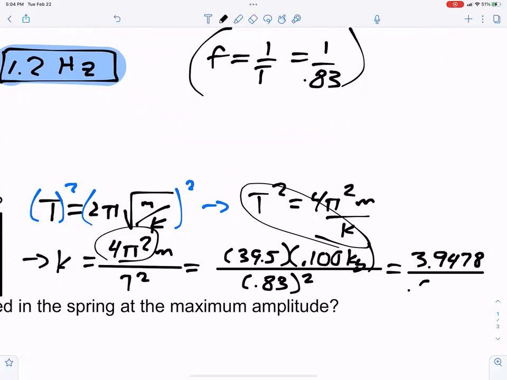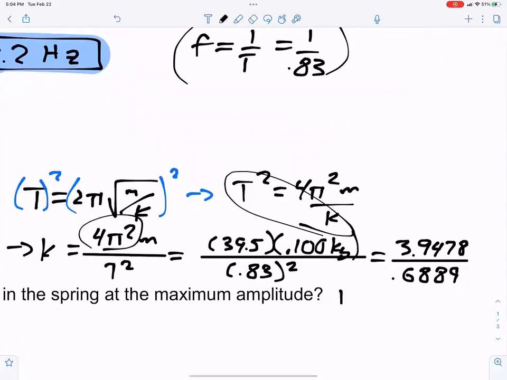It's roughly about 0.6889 on the bottom. So the spring constant, we're going to go 3.9478 divided by that answer, and we're looking at roughly about 5.73 newtons per meter is our spring constant.